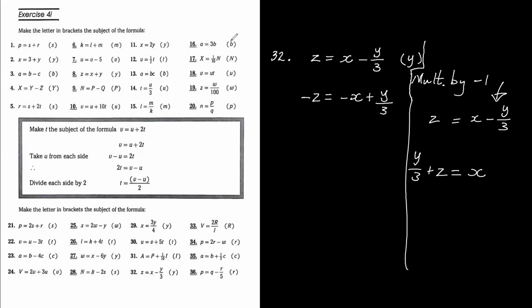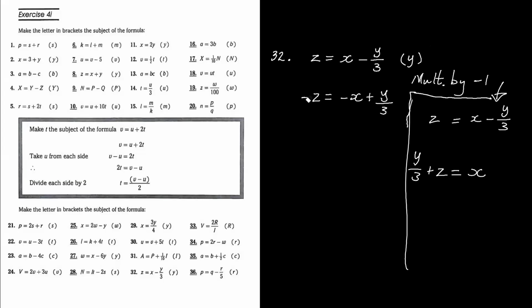All right, so next step, Faith, since you started off by multiplying by -1, what was the next step that you did? So I simplified. So I say 3 open brackets Z subtract X closing brackets equals -Y.